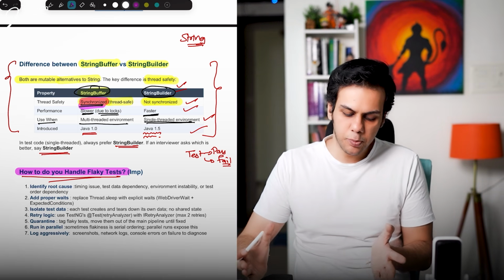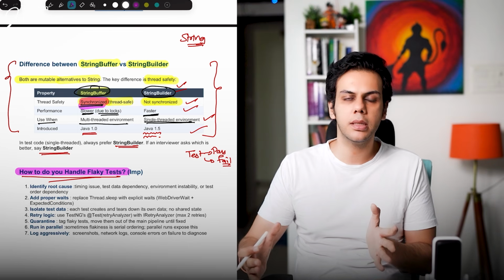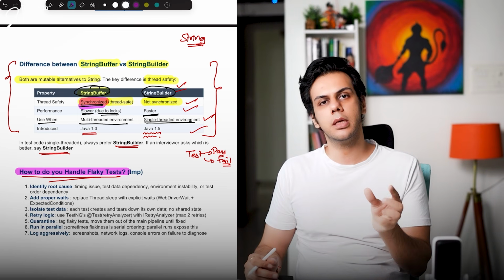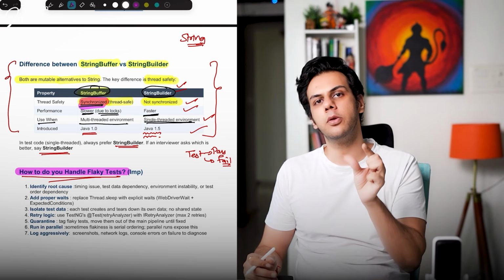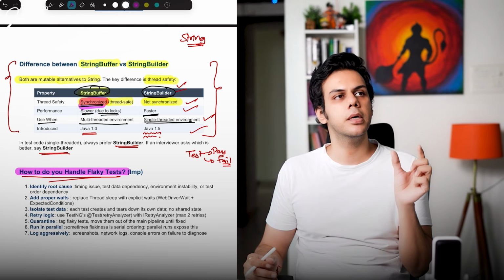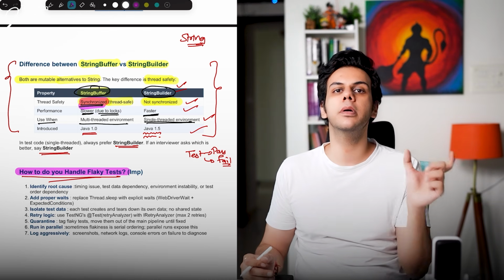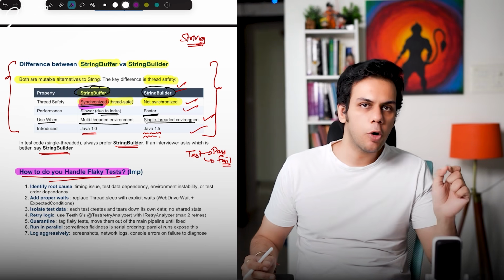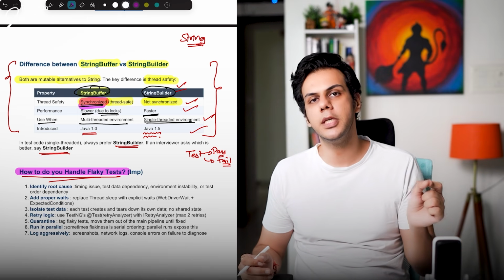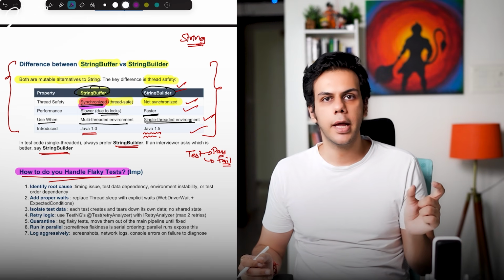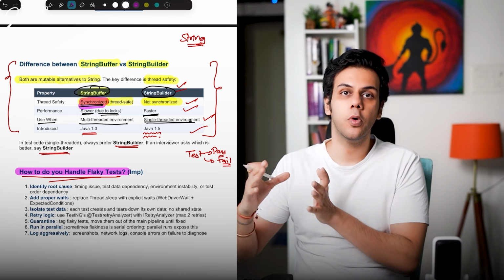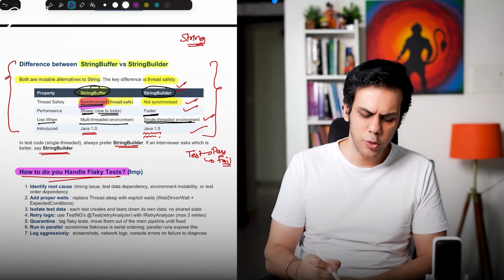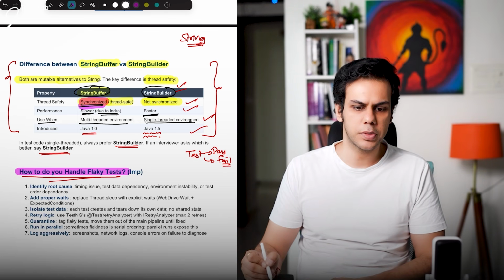This might be more like theoretical stuff, but only you can know where exactly the scenario has appeared in your projects. So try to observe your project where you have seen flakiness and how you overcame it. The how part, you can take from these notes.